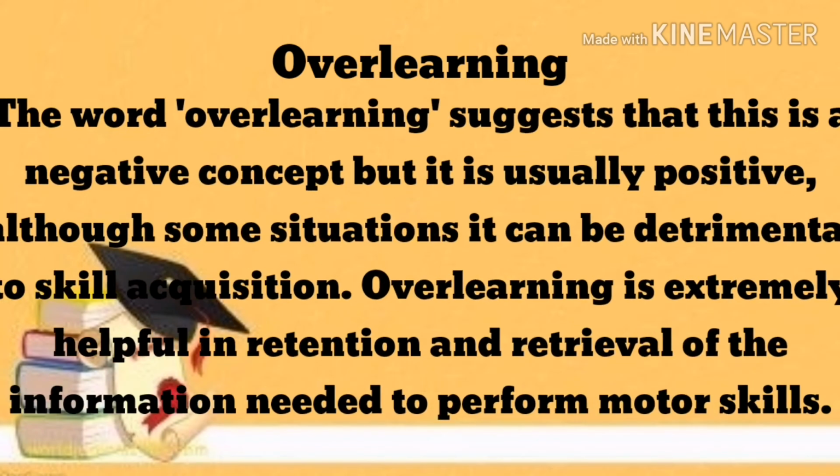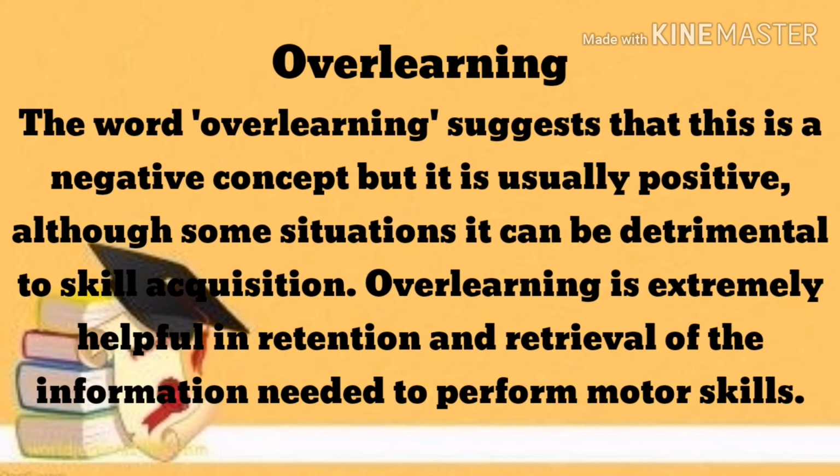Overlearning. The word overlearning suggests that this is a negative concept, but it is usually positive, although in some situations it can be detrimental to skill acquisition. Overlearning is extremely helpful in retention and retrieval of the information needed to perform motor skills.